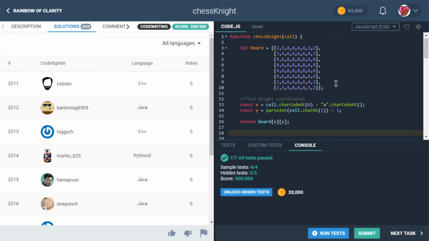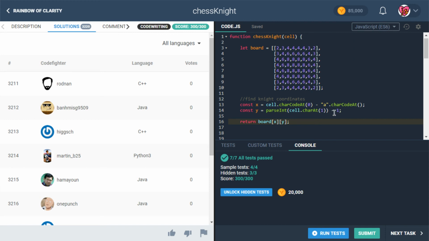There are ways that we could do this without using a matrix. We could make just one long array, and then instead of saying board at x at y, we could do board at 8 times x plus y or something like that, where we would just flatten the matrix.